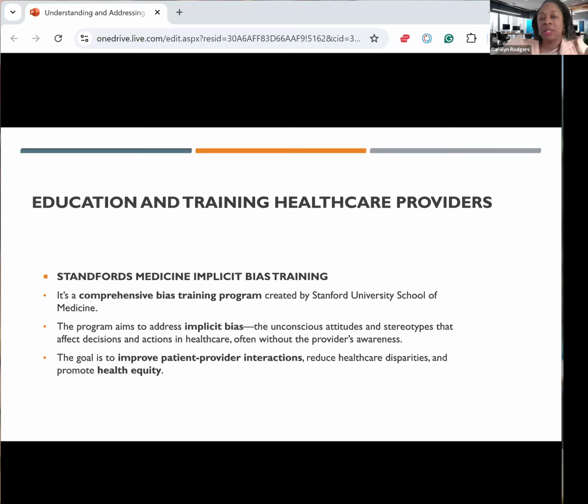Because implicit bias contributes to racial and ethnic disparities in healthcare, particularly in areas like maternal health, pain management, and chronic diseases. So by addressing the bias, the Stanford program helps reduce many of those disparities in patient care. It allows you to improve trust and enhance those outcomes. And it's evidence based, might I add.